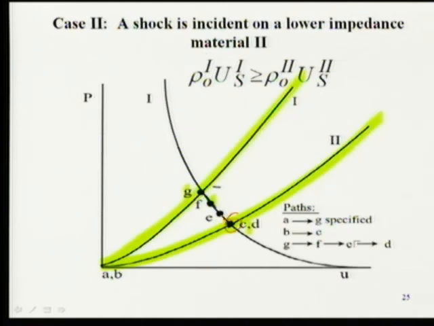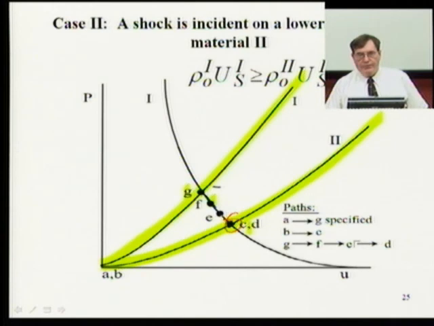So that's the answer to the second case, where you have 2 plates together, the first one higher impedance and the second one lower impedance. Later on we'll see, when we do these problems, that actually the plate on the right will separate from the initial plate when enough time goes and enough waves go to the free surface and come back.